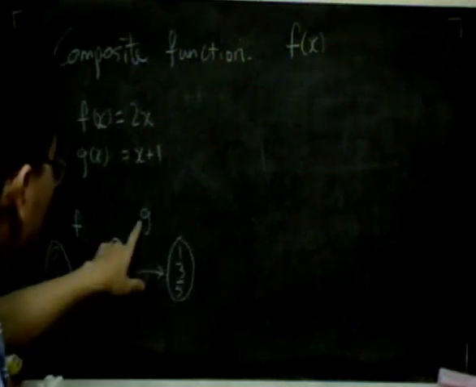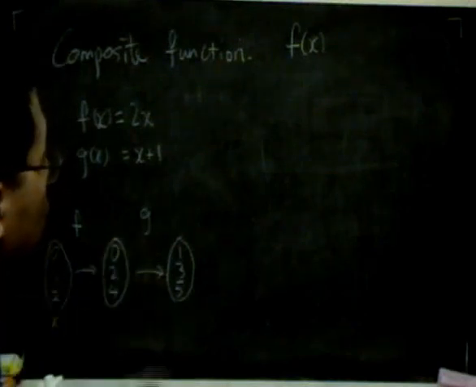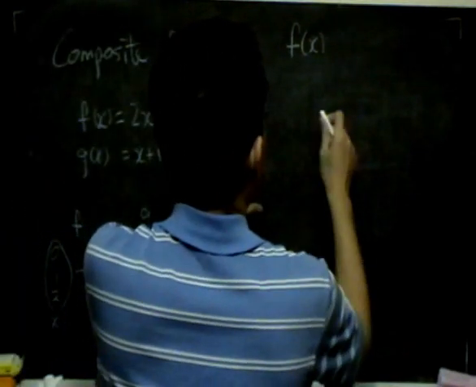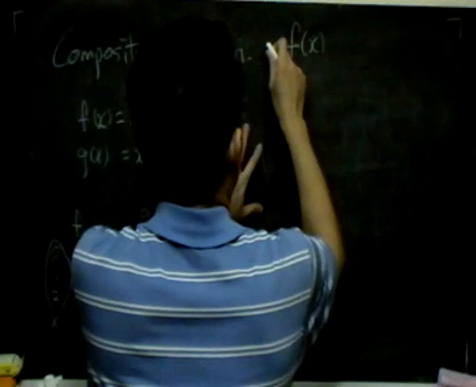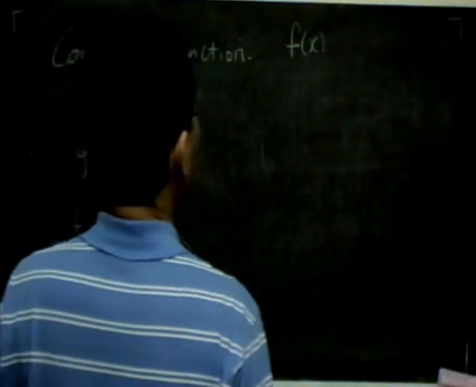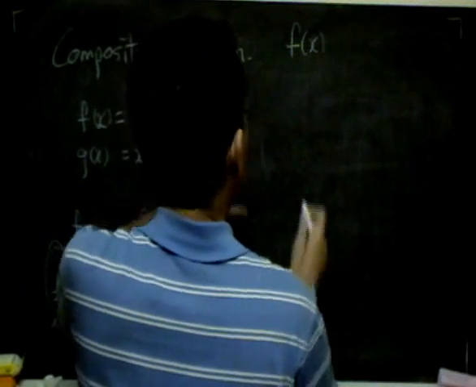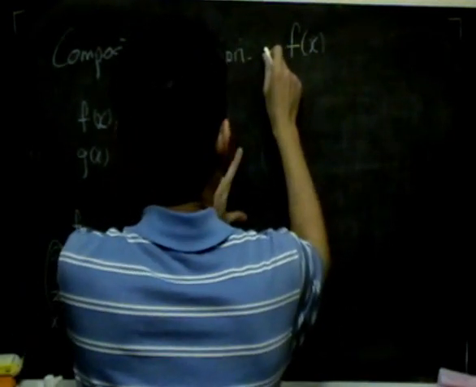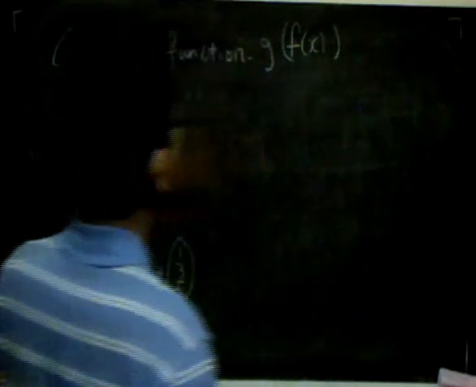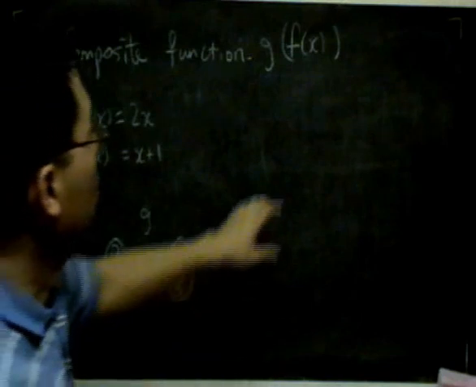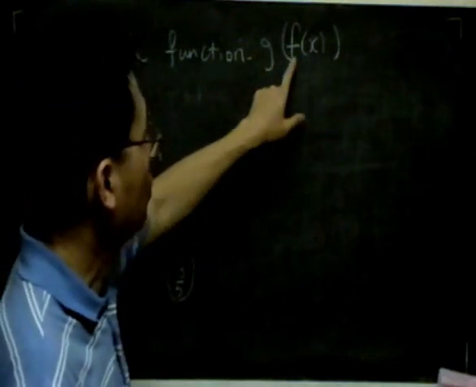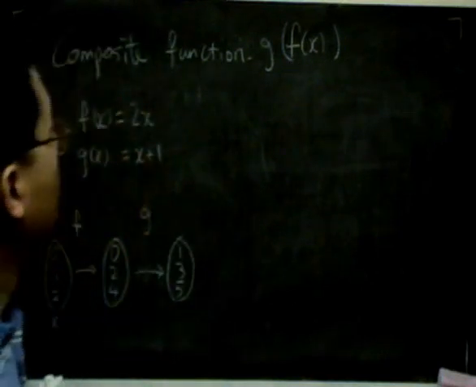And then when I apply the function g to that answer, I can imagine writing it this way. So that would be g of f of x.